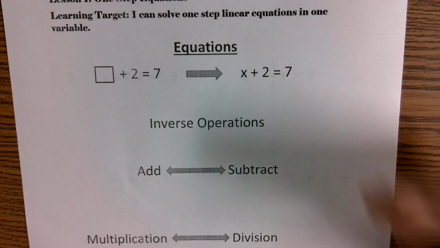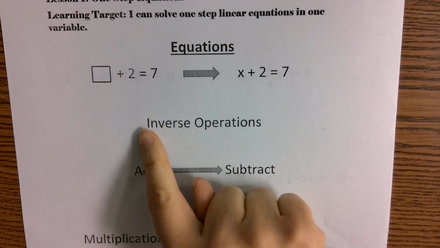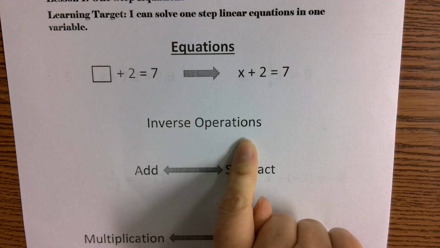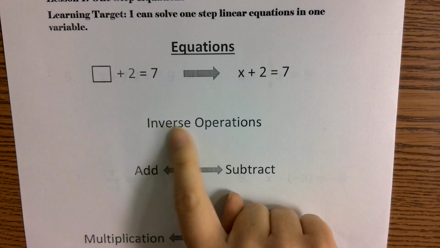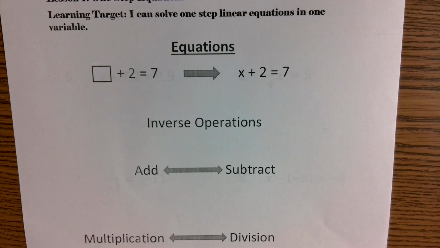So it's an equation. You're finding an unknown value or a missing value. So in order to do that, we use what we call the inverse operations. Who can tell me what is another word that we use for the word inverse? What's another way to say inverse? Diana? Opposite.